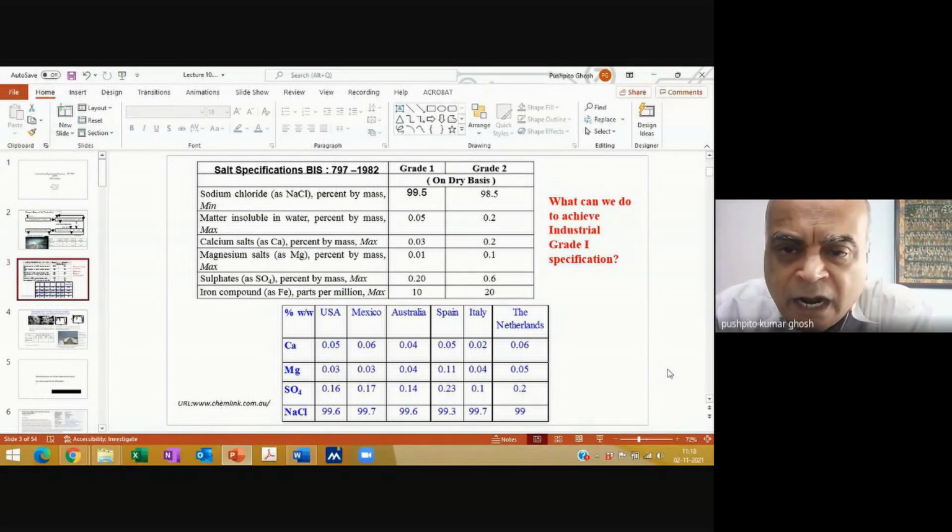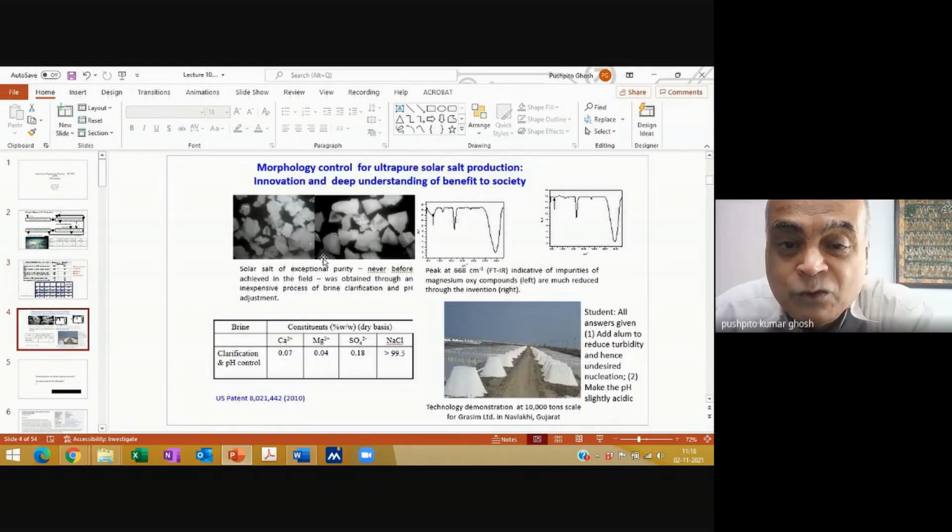Maybe they are doing the same thing that we were doing, or maybe we accidentally discovered what they are doing is possible. Maybe they wanted to keep it as a trade secret, and so they did not patent it. But nowhere in the patent literature was this known. So this has become India's technology. And today you can make grade 1 salt of exceptional purity.